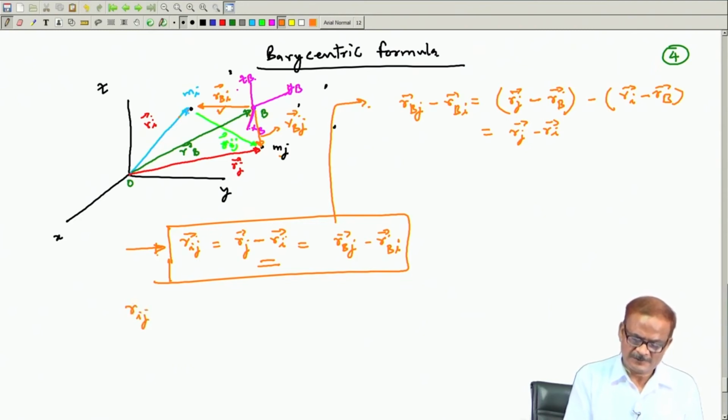If you are interested in writing it like this, the equation of motion for the jth particle about the ith particle: the vector going from the ith particle to the jth particle is your Rij.